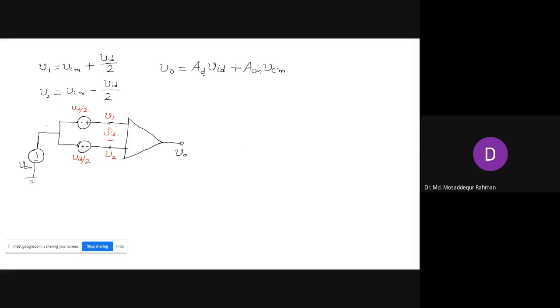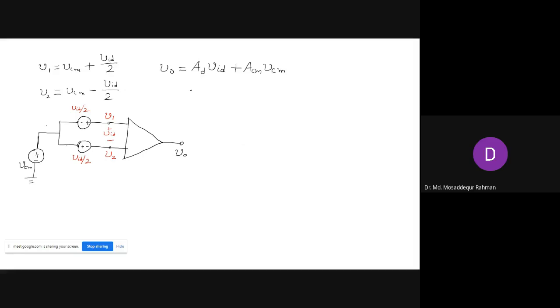So we have the contribution coming from the differential input voltage, and also the contribution coming from the common mode voltage. So that will be our total output from the differential pair.